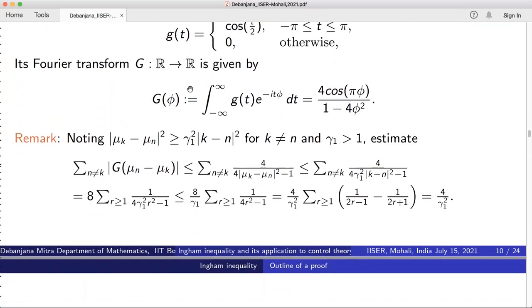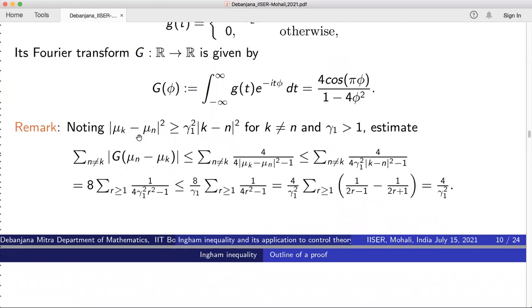Okay, so here we will have to precisely use that gap condition. That condition will give us that modulus of mu k minus mu n squared is greater than or equal to that quantity if k is not equal to n. And you have to remember that gamma 1 is strictly greater than 1. That is also given.